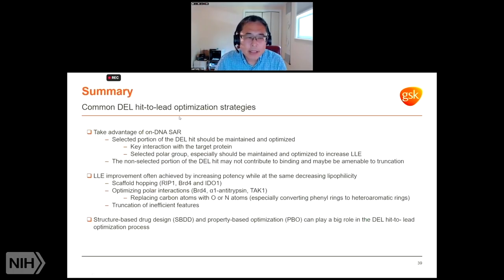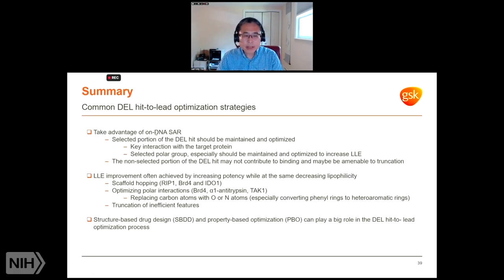In summary, here are some hit to lead optimization strategies that are commonly used, based on our experience and the published literature. First, you really want to take advantage of the on-DNA SAR information. As I mentioned, this is a unique feature of DEL hits, due to the ability to screen billions of compounds.